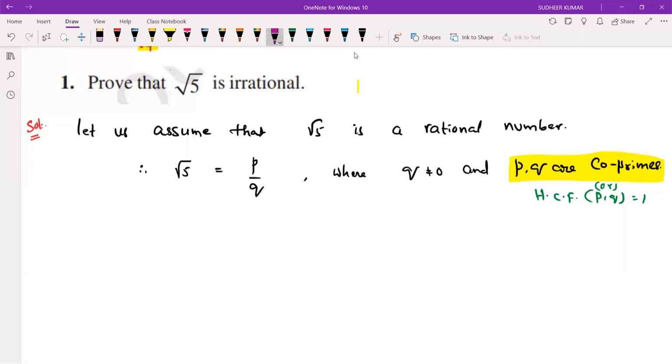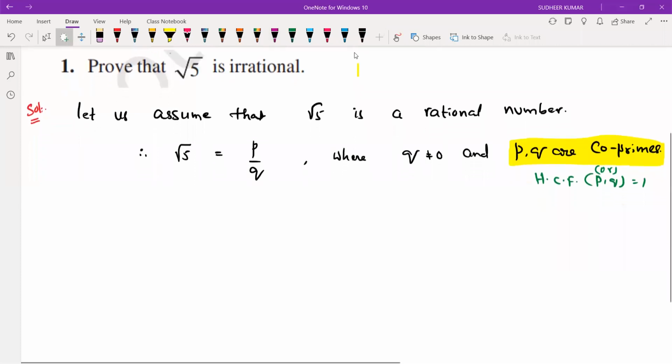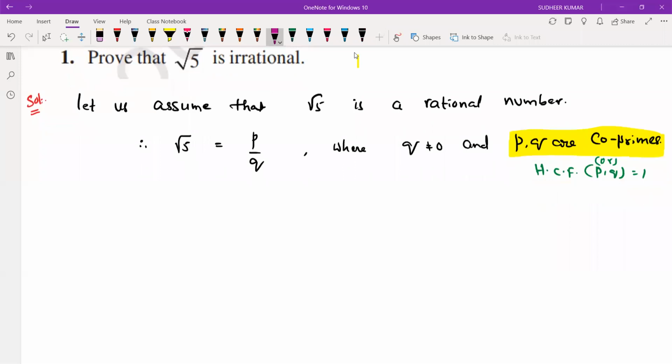Now let us see that. When root 5 equal to P by Q, then cross multiply it to prove that P and Q have a common factor other than 5. We can cross multiply: root 5 Q equal to P. Now squaring on both sides, we get root 5 times Q whole square equal to P square.